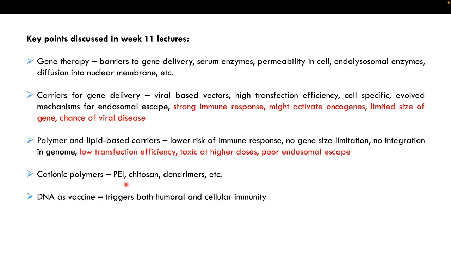So the next point that was discussed in this week's lecture was using DNA as a vaccine. A few lectures back, you might remember that we started talking about vaccines, right? So what are vaccines? Vaccines are basically part of a pathogen, or the entire pathogen itself, against which you want the patient's body to be immune.